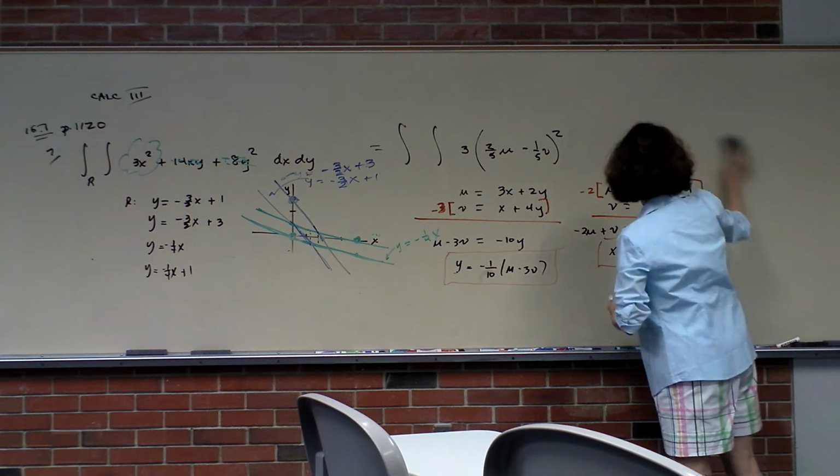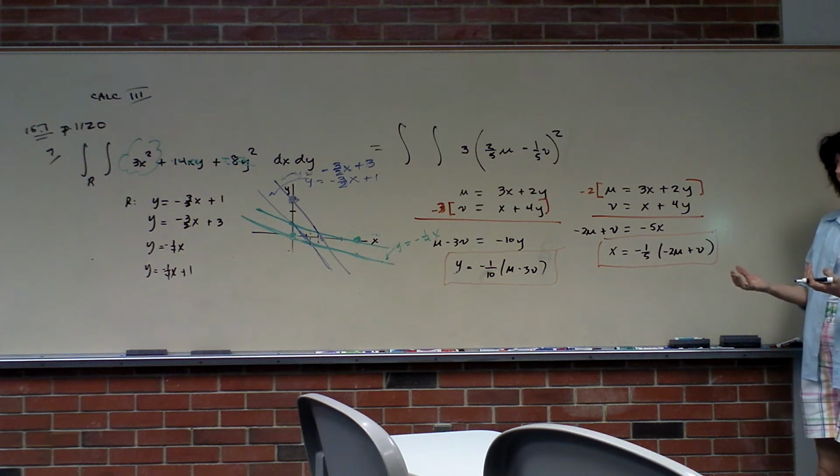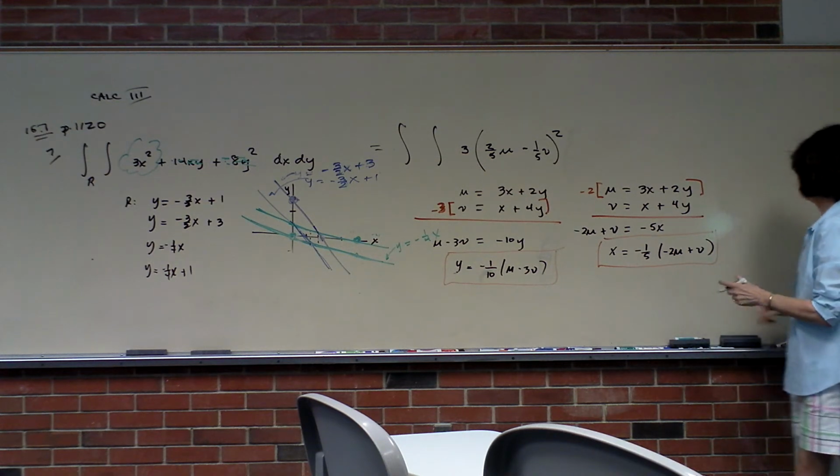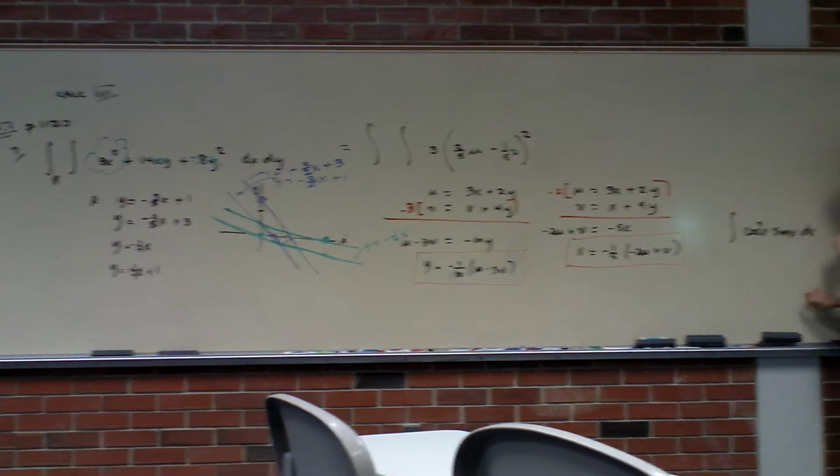Do you remember in the old days when you had a u substitution to do because you couldn't evaluate your integral very conveniently? I remember having a single integral. Remember, you say u equals, and then you say du equals, so that you can transform not only the integrand, but also the dx into a du.